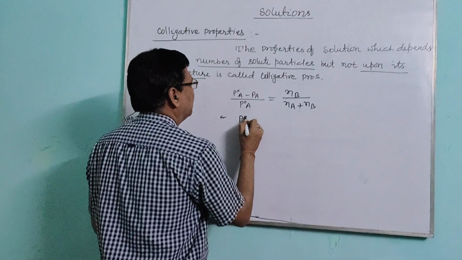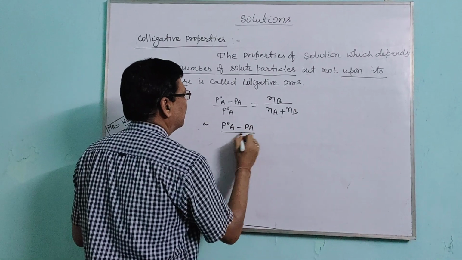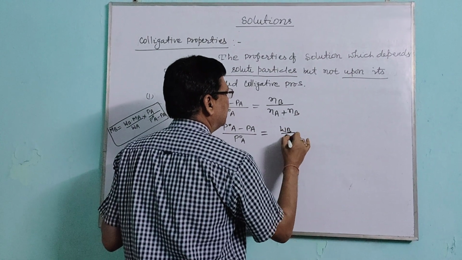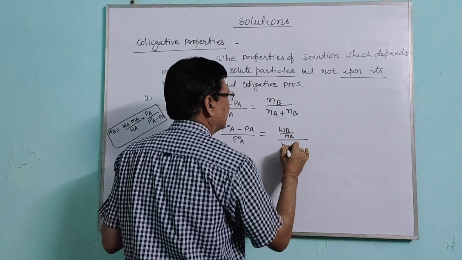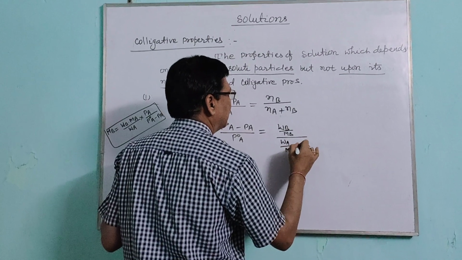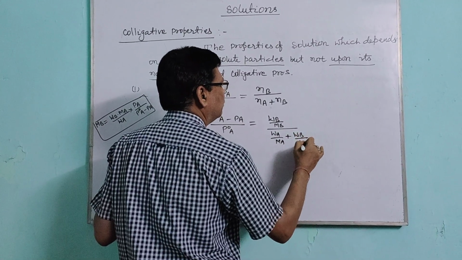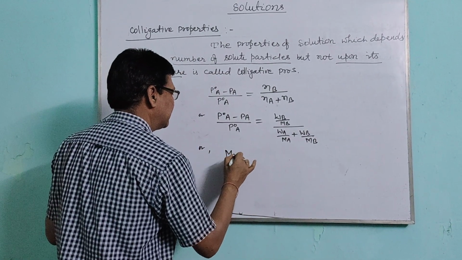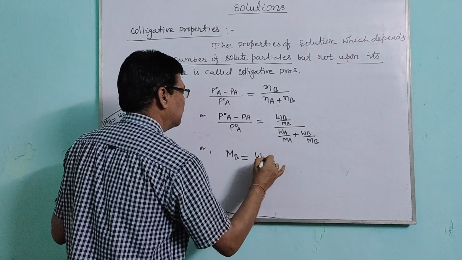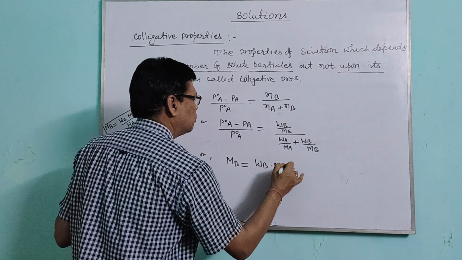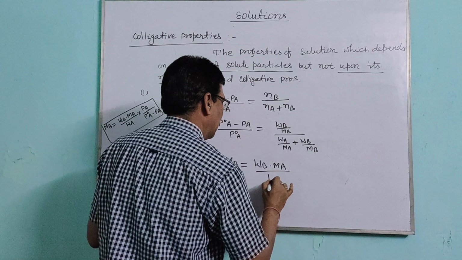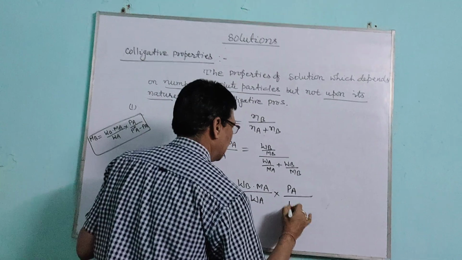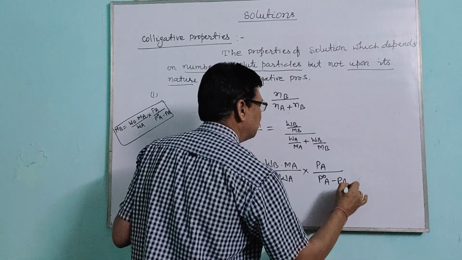and P naught A minus PA by P naught A is equal to WB by MB divided by WA by MA plus WB by MB. For solving it, we get MB is equal to WB into MA by WA into PA by P naught A minus PA.